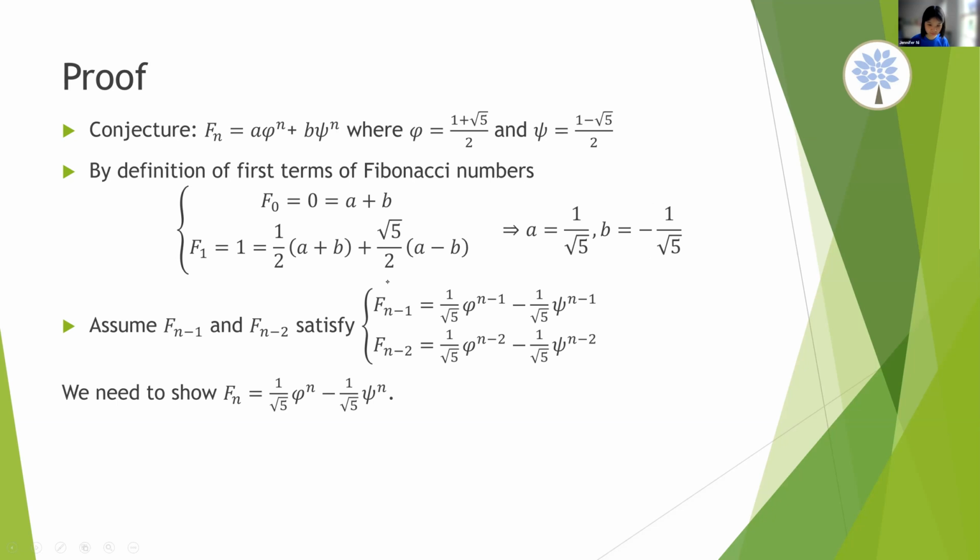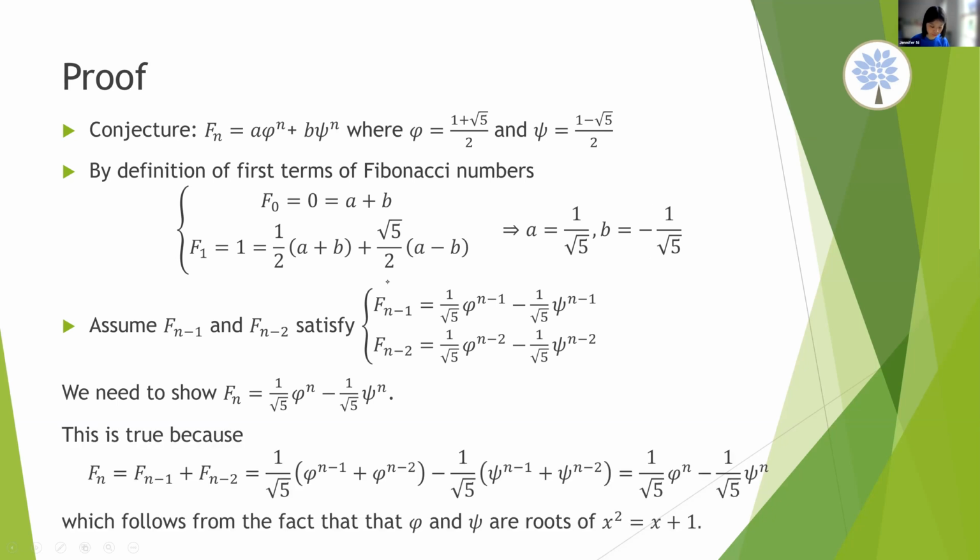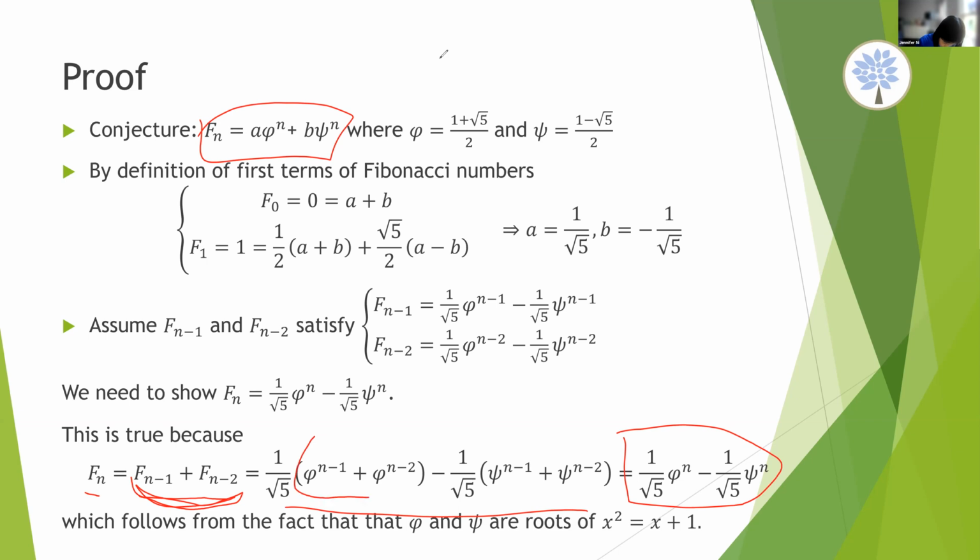This is true because when we write Fn with the recurrence rule, and then we substitute the closed form expressions into this equation, we will eventually get this, which is the closed form, because b to the power of n minus 1 plus b to the power of n minus 2 equals b to the power of n.